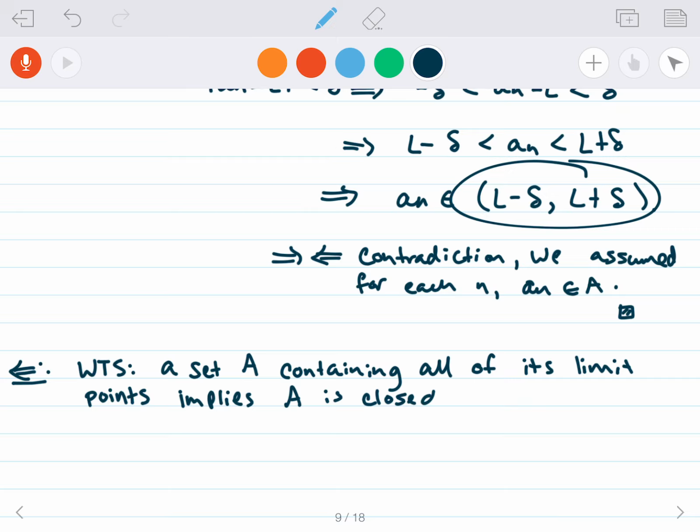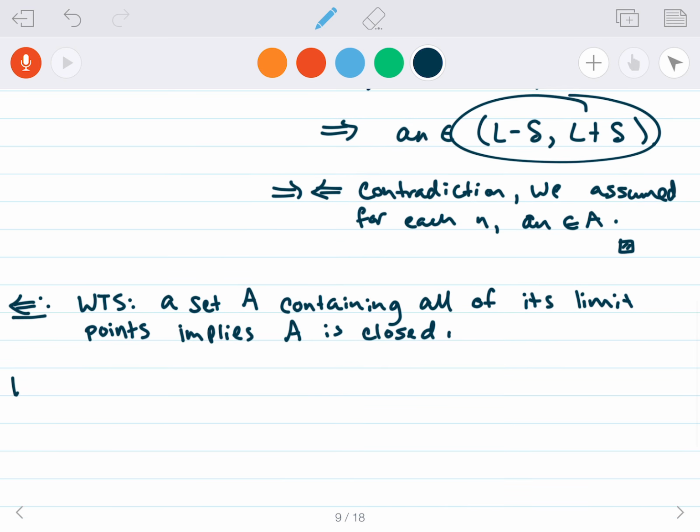So we're going to do this by proving the contrapositive of this statement. And the contrapositive is logically equivalent to the original statement. So that's what we're going to do, because I think it's easier to prove the contrapositive.